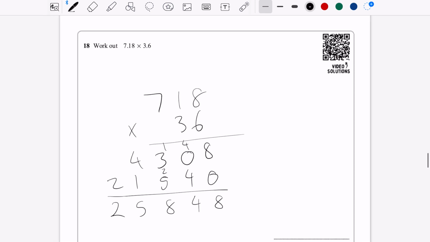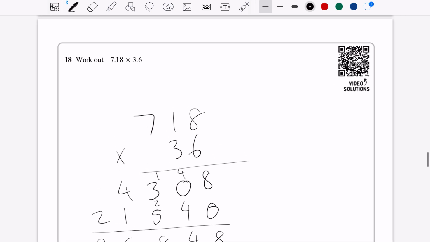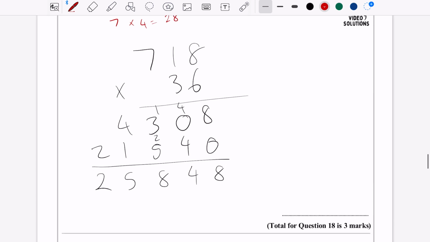Okay, and this is where I want you to use your brains. Think logically, right? This number is basically 7. This number is like 3 or 4, however you want to look at it. Say it's 4, fine. That's 28. My answer needs to be close-ish to 28. So to put my decimal point in, let's think logically in this really long number.